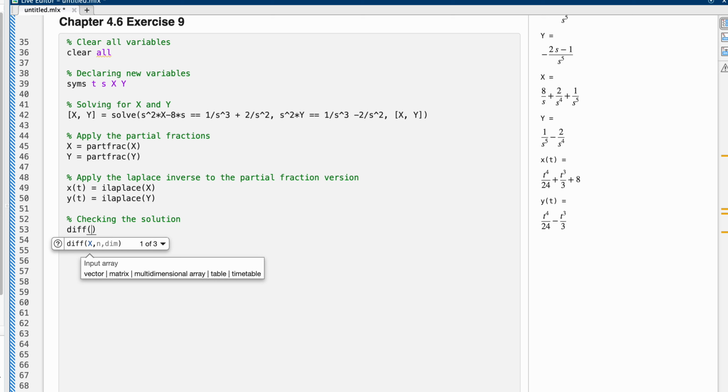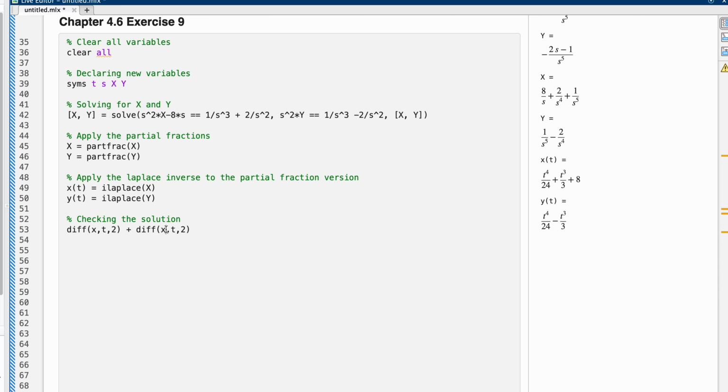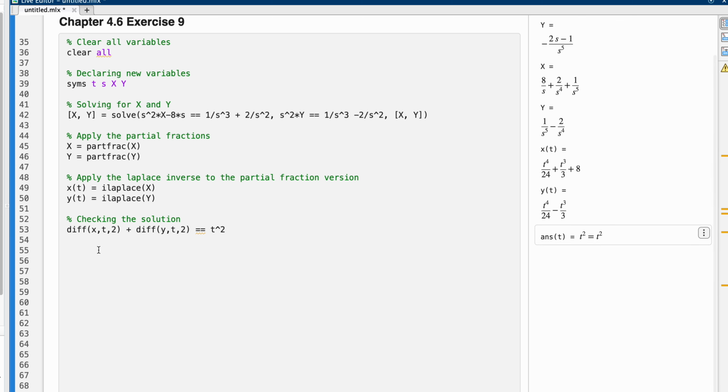So we have the second derivative of x with respect to t, plus the same command applied to y, the second derivative of y with respect to t, which should be equal to t squared. Let's see, Control Enter. We get an equality here, so this is indeed a solution.